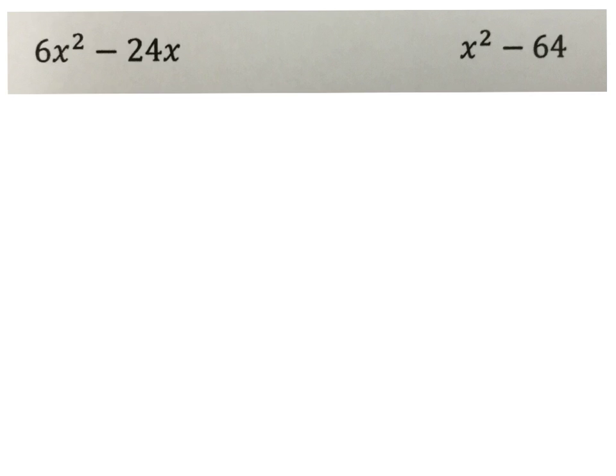So as we take a look at these next two examples, notice that in both examples, we have an exponent of 2, and that is our largest exponent. In the first example, I want you to take a look at a couple key things. In our two terms, 6x squared and 24x, you notice that 6 and 24 share a common factor.